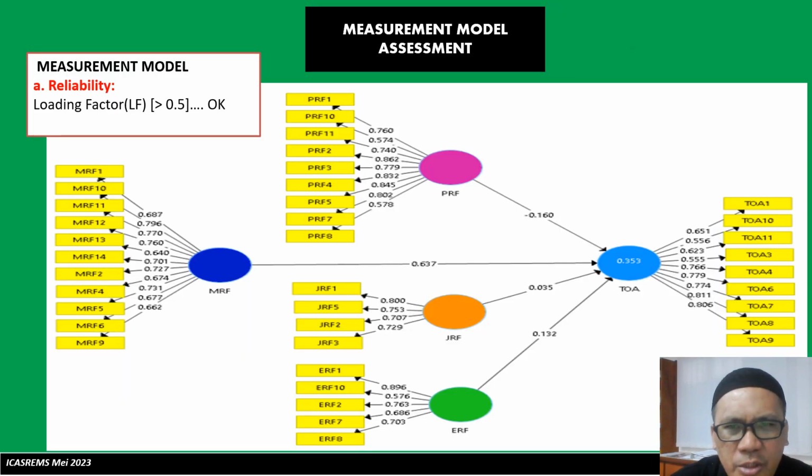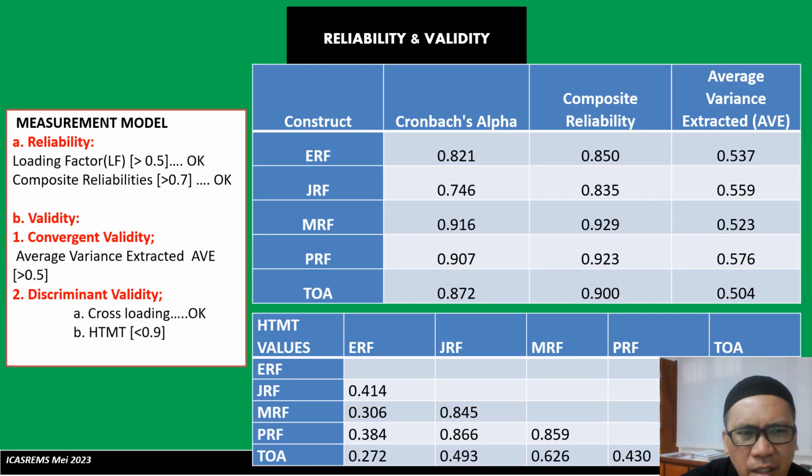Here shows the measurement model assessment from SmartPLS. For the model, you need to measure the reliability, or we call it the loading factor, which must be bigger than 0.5 for all the indicators. All indicators fulfill the requirement of a measurement model.